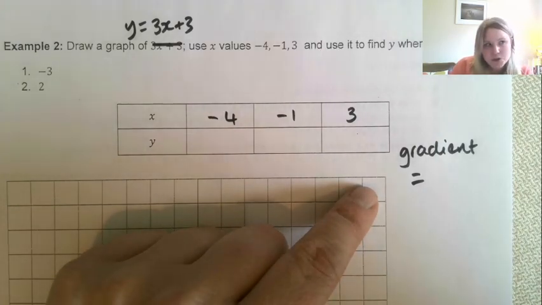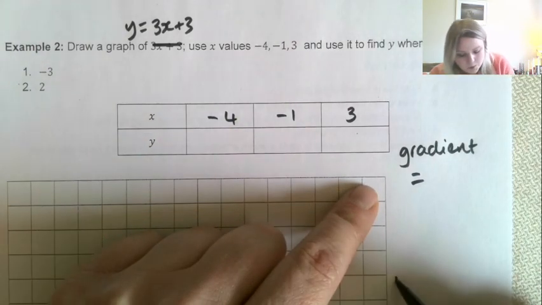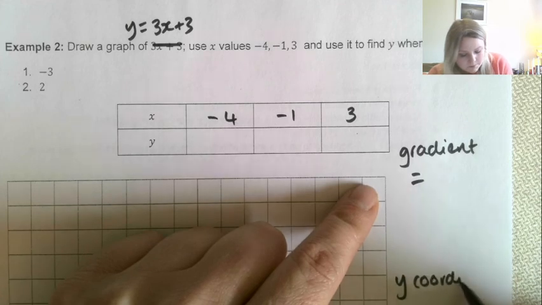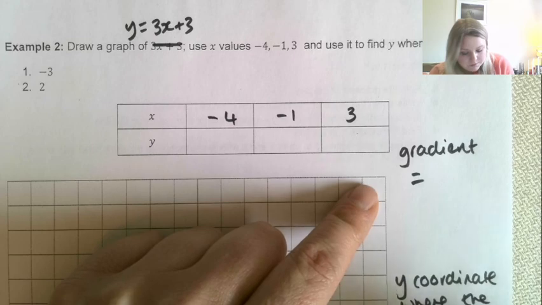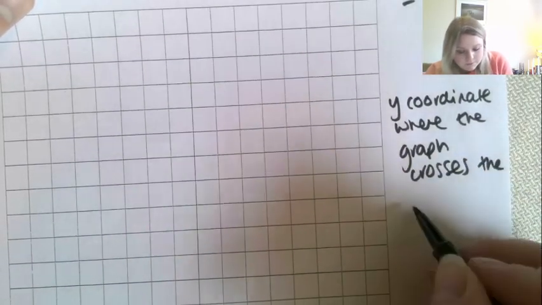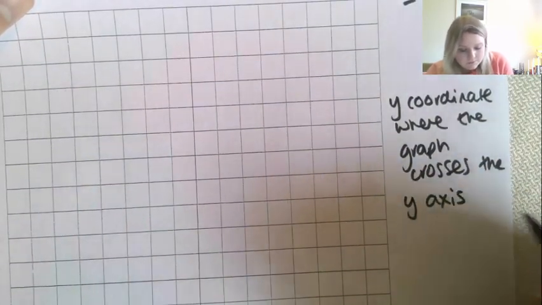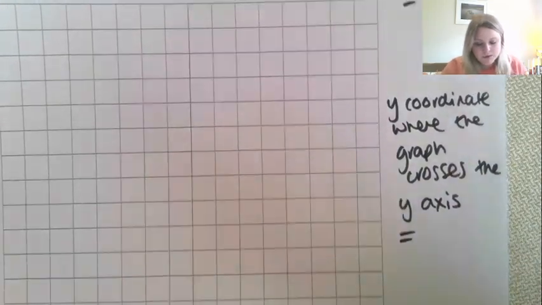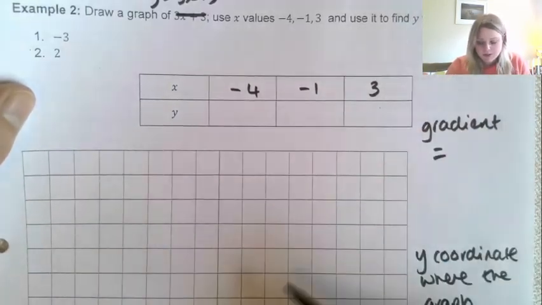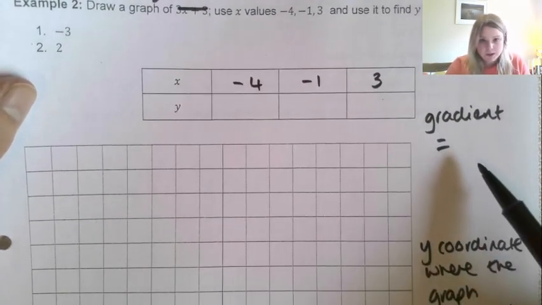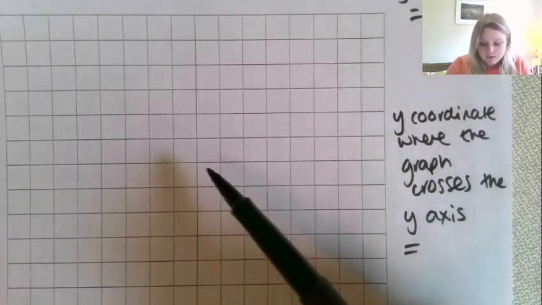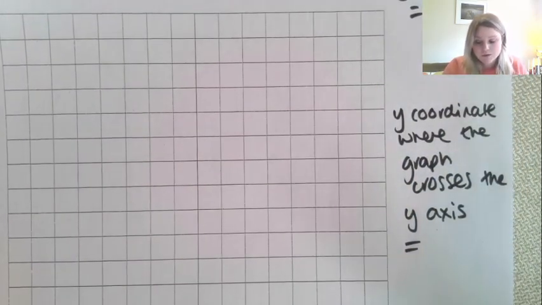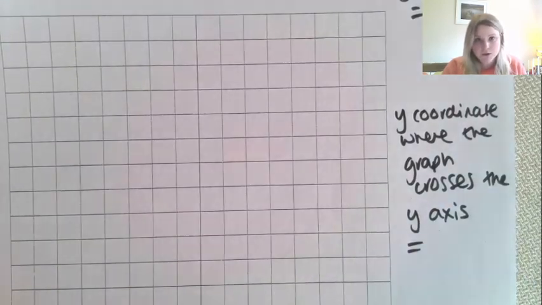And I also want you to write down the y coordinate where the graph crosses the y-axis. Okay, so I want you to figure out the gradient of your line after you've drawn it, note it down there. Then I want you to look and read off the y coordinate for where this graph crosses your y-axis.